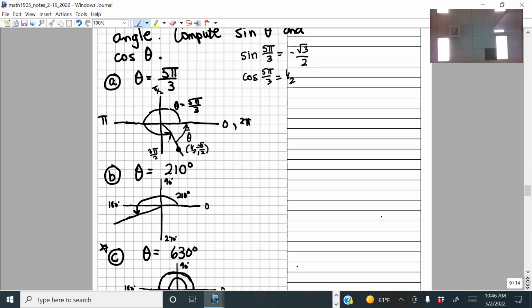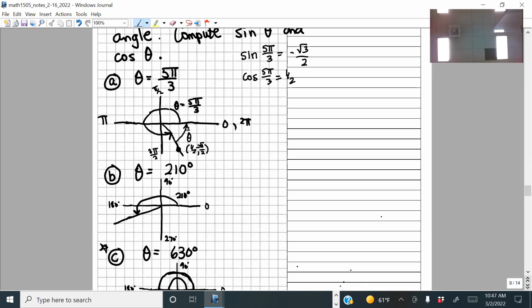You want the smallest angle between the terminal side and the x-axis, but it's got to be positive. In this picture, that's pretty easy to see. There's the terminal side, so I'm going to draw this angle up to the x-axis. That's called the reference angle for my original angle theta.